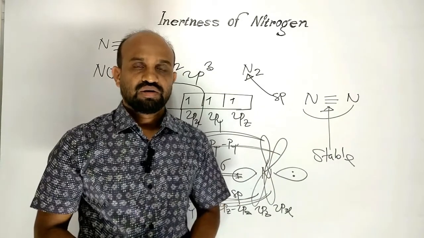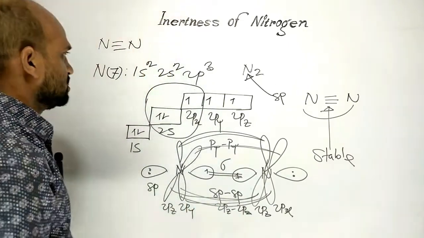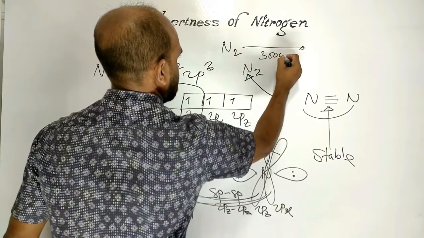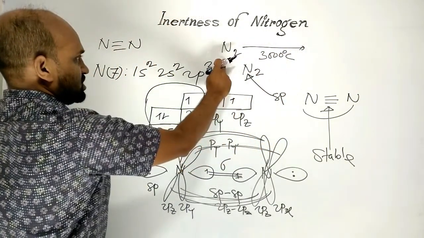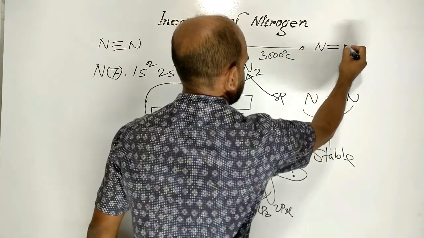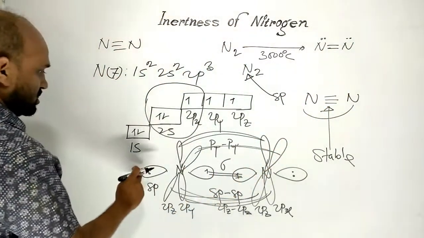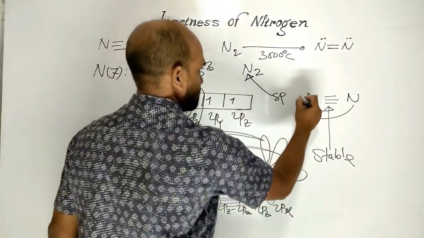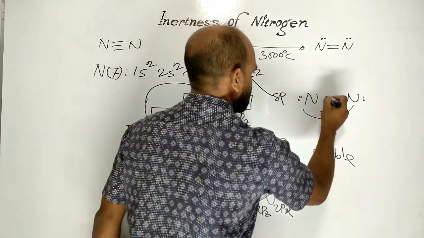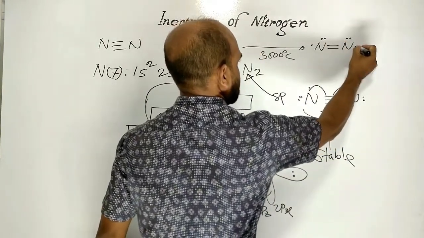Nevertheless, when nitrogen is heated at 3000 degrees Celsius, the nitrogen molecule breaks into atoms stepwise in this way. First of all, one bond is broken, by homolytic fission, giving one electron to each atom.